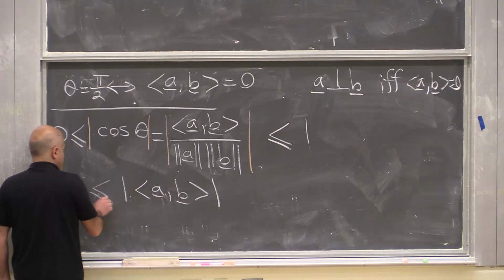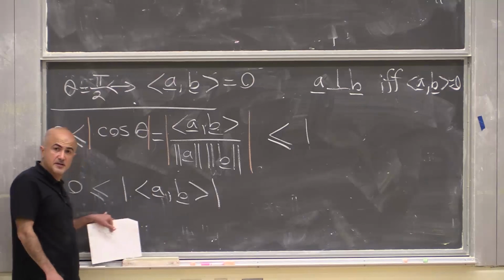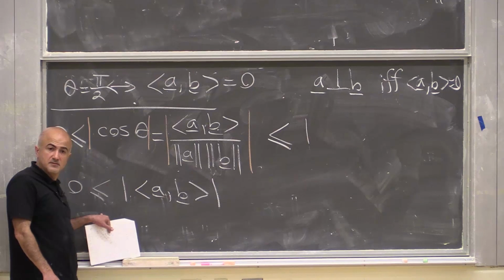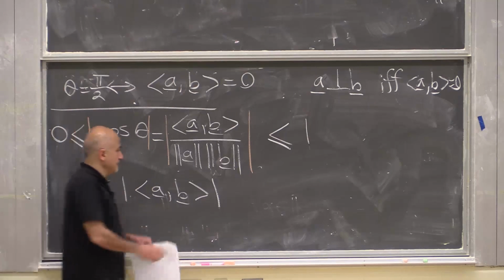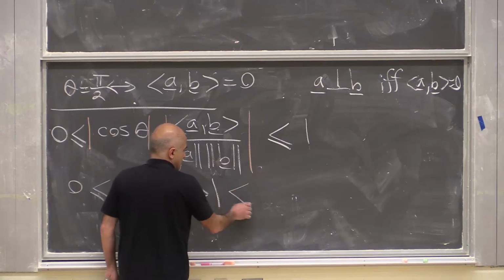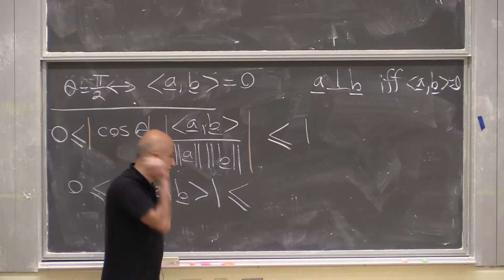On this side, it's not too hard to see that it's always greater than or equal to 0, with equality if A and B are orthogonal. Well, 0 or orthogonal. And on this side, what do you have? Less than or equal to what? Product of the norms.